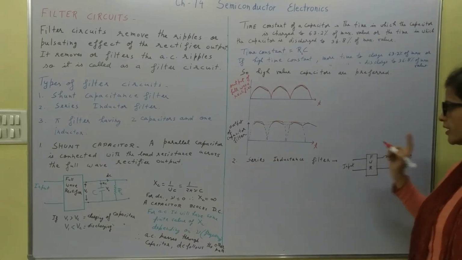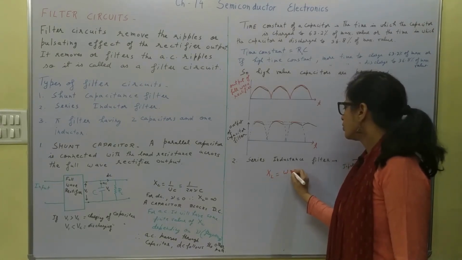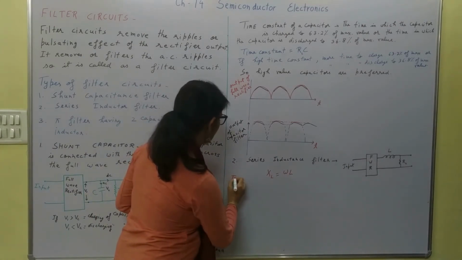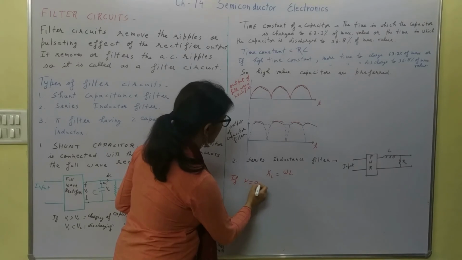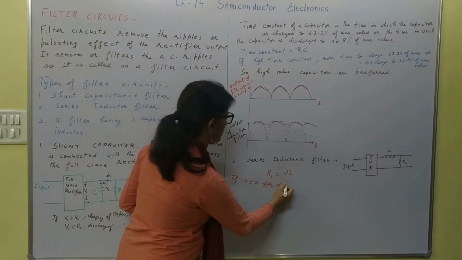The formula for the inductive reactance is omega L. So if DC is there, then frequency is equal to 0 for DC.